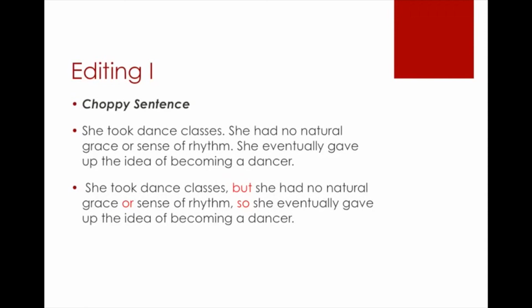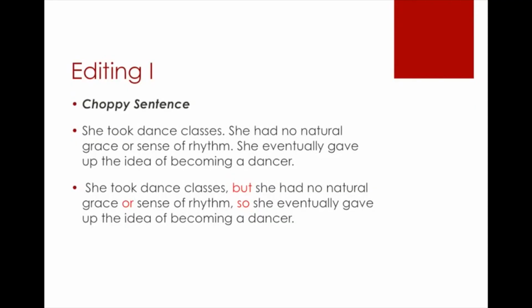I will show you some choppy sentences on this slide and how to revise them more effectively. In this example, there are three sentences, and it seems that they are separate. One effective way to combine them into one sentence is to think about using coordinating or subordinating conjunctions.